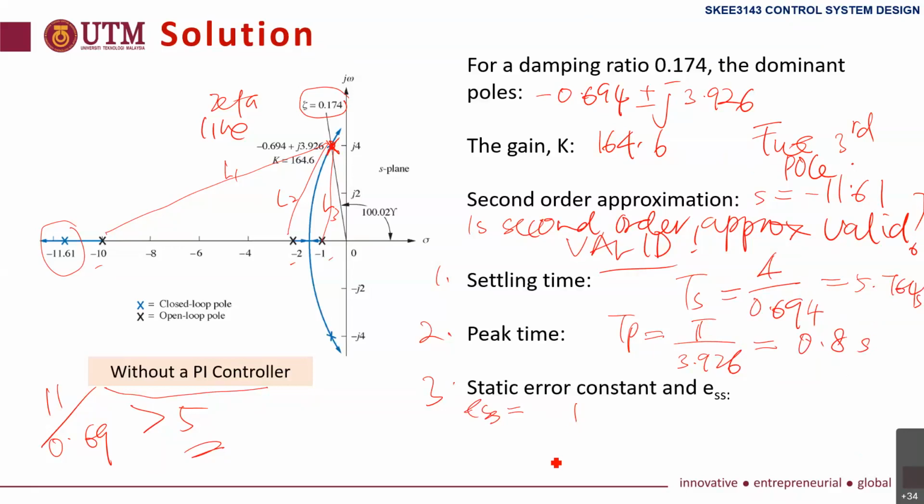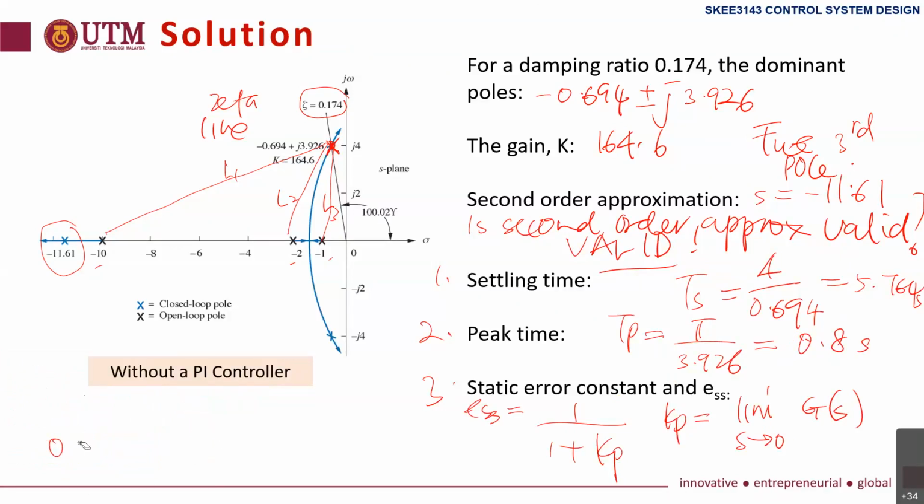Error is 1 over 1 plus Kp. Why Kp? Because it is mentioned that the input is a unit step input. So Kp is limit s to 0 of G(s).